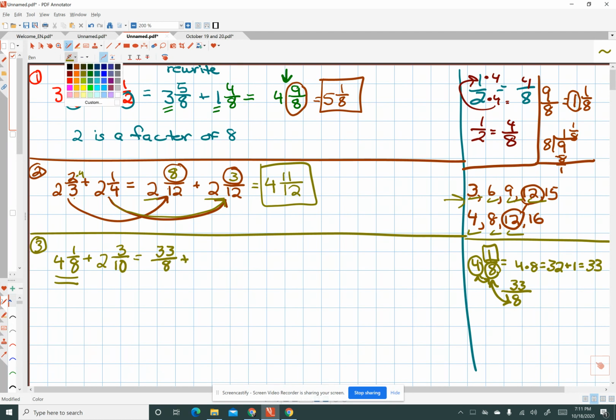Now let's work on the 2 and 3/10. So we multiply 10 times 2, which is 20, and then we add the numerator, which makes 23, and we put it over the same denominator, 23/10.